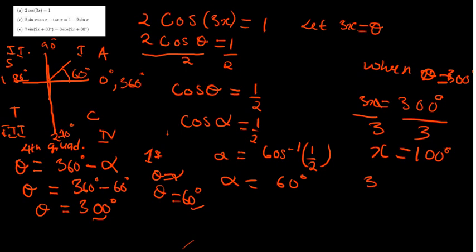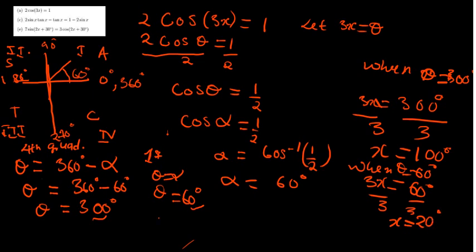Then when theta is equal to 60, 3x is 60, we divide by 3, so x is equal to 20 degrees. Therefore x is equal to 100 degrees or 20 degrees. So those are the angles, and by doing all that, you have answered part A.